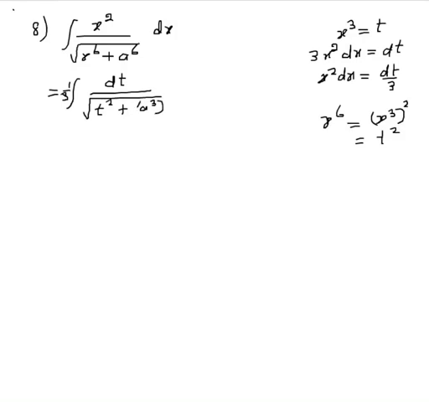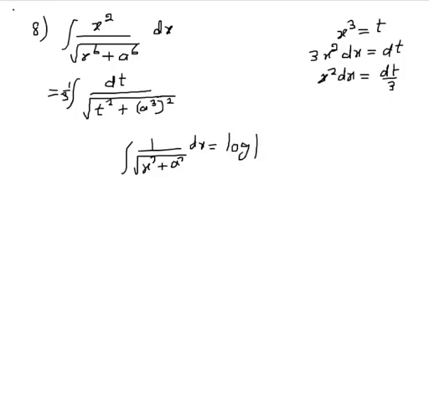A power 6 can be written as a cube the whole square, and we will use the integral 1 by root of x square plus a square dx formula, which is log of absolute value of x plus root of x square plus a square plus c.